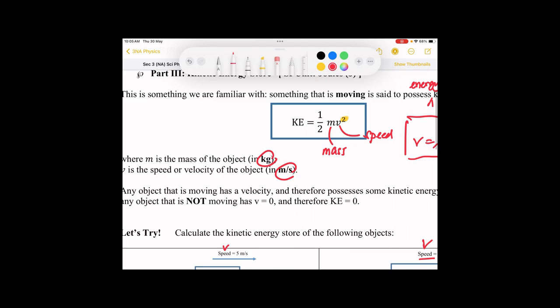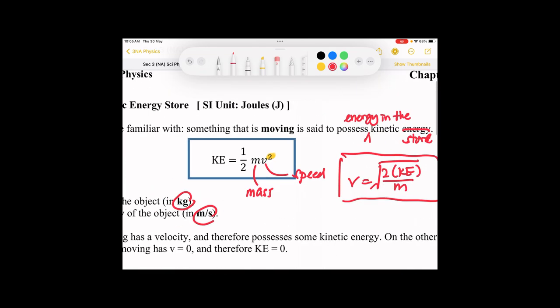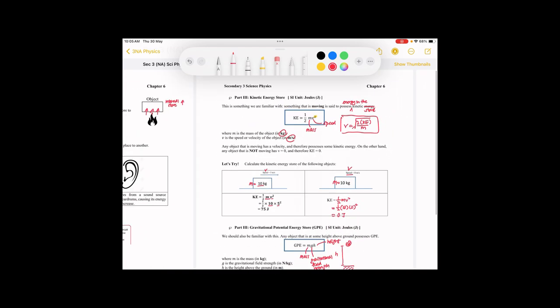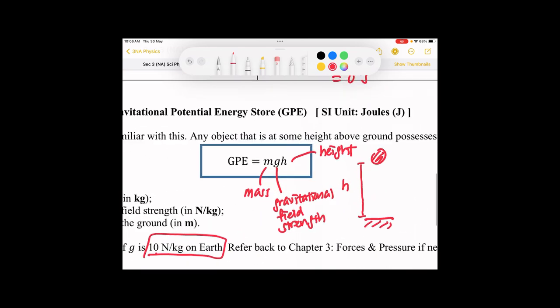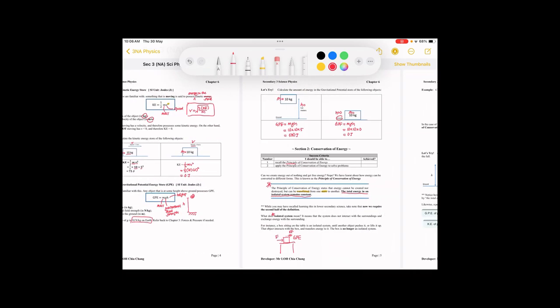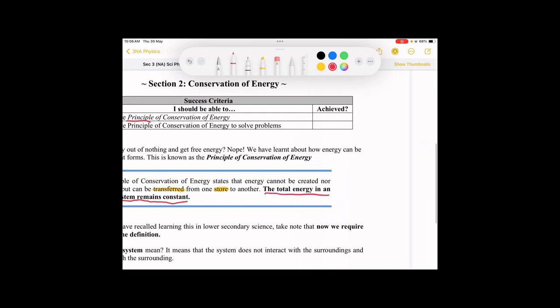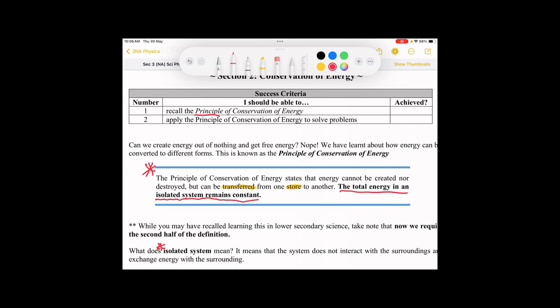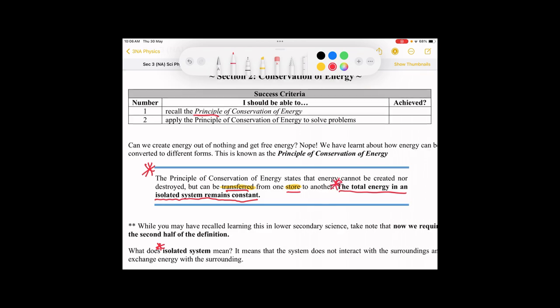Next, we talk about how to calculate KE, half mv squared. We use it to apply to questions. We also calculated GPE by mgh. We apply it to some questions. And then we talk about conservation of energy, bearing in mind that we now talk about energy being transferred from one store to another instead of converted from one form to another, and that you have a second line here: total energy in an isolated system remains constant.